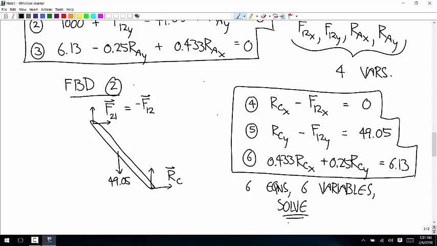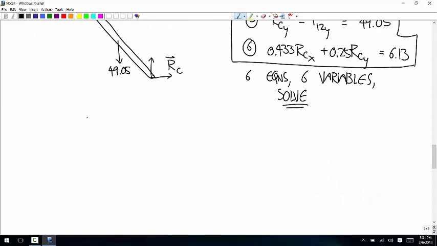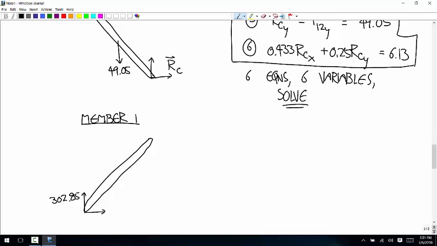And in this case, what you get is, let me draw the bodies. So here's member 1. We end up with a force vector down here of 302.85, 549.05.